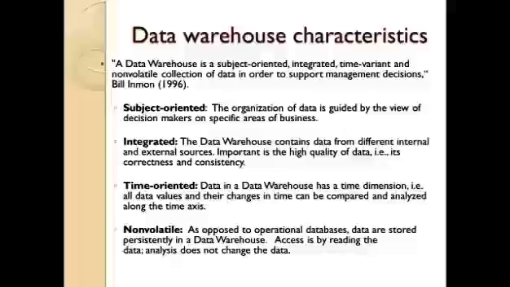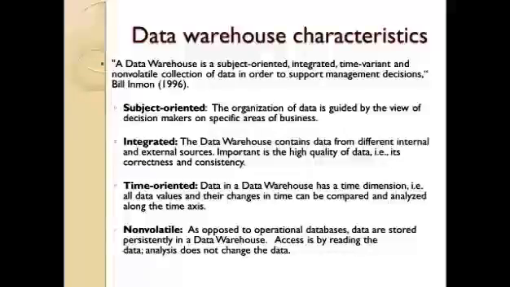The third characteristic is that data in a data warehouse has a time aspect, or it is time-oriented. It has a time dimension. In other words, every piece of data has an associated time aspect.